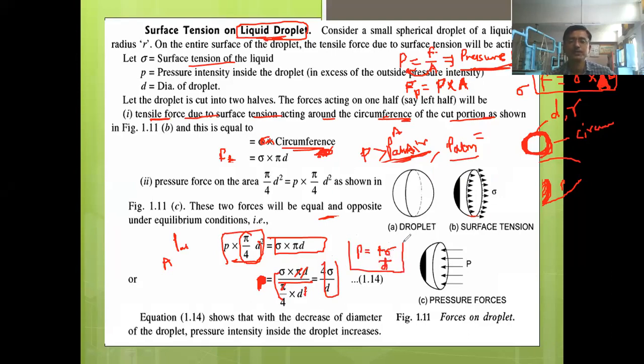This is the expression for finding the pressure intensity which is excess or greater than the atmospheric pressure. And P is equal to 4 sigma by d, where sigma is the surface tension acting on that liquid droplet, and d is the diameter of this liquid droplet. So this is the derivation for the surface tension on the liquid droplet.